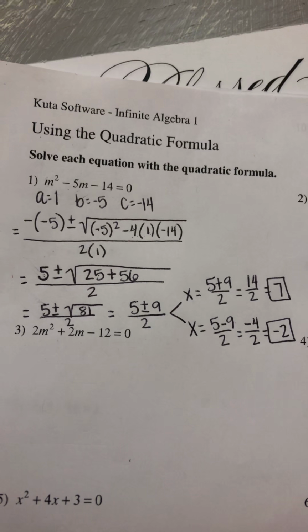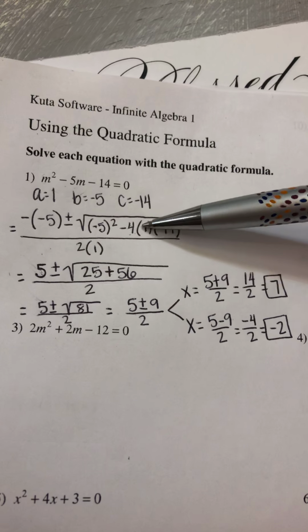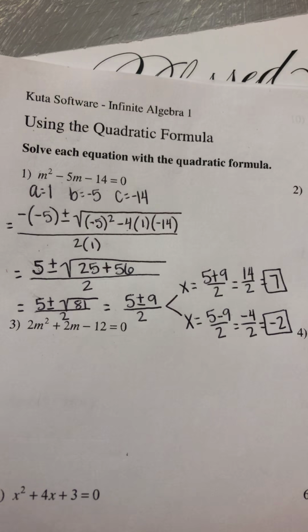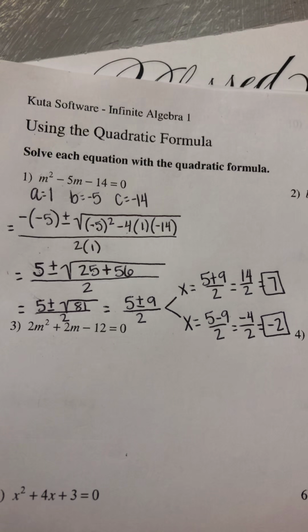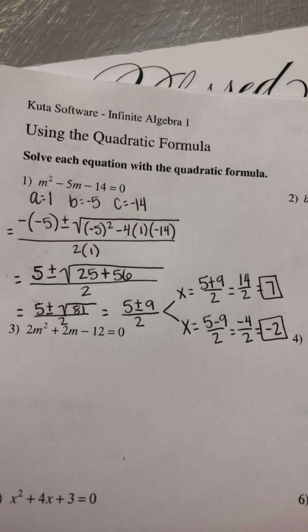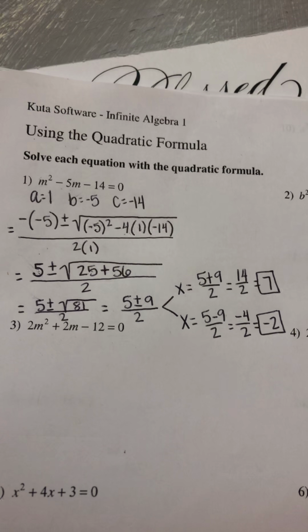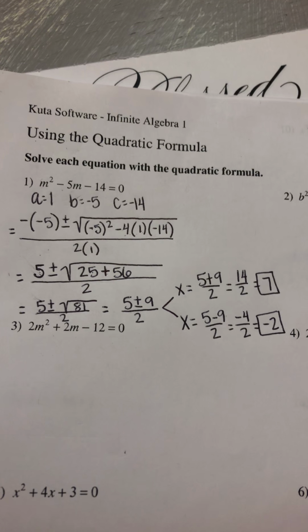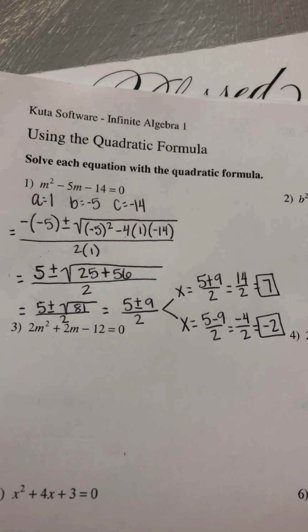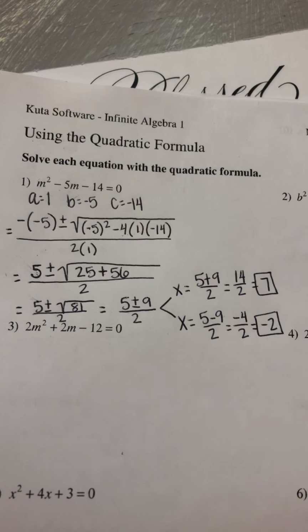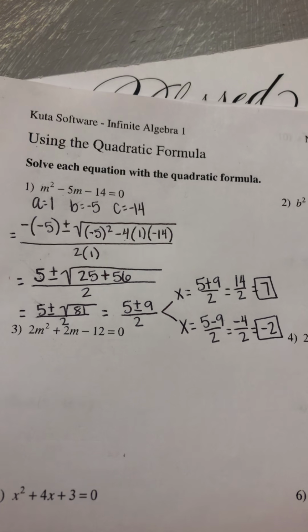This is where most students struggle, is just simplifying your integers. This is all just simplifying. Hopefully you all know positive times positive, negative times negative, so on and so forth, square roots, so on and so forth.